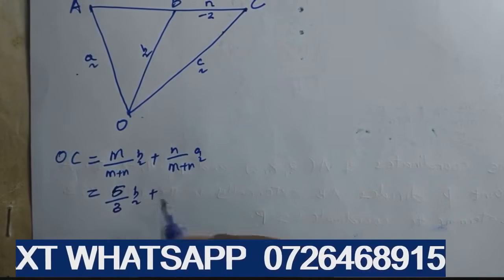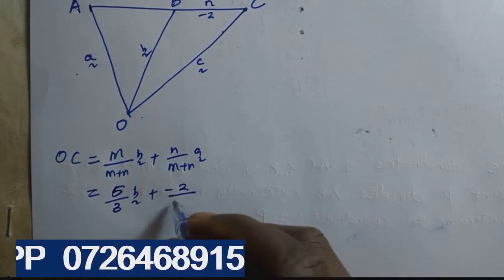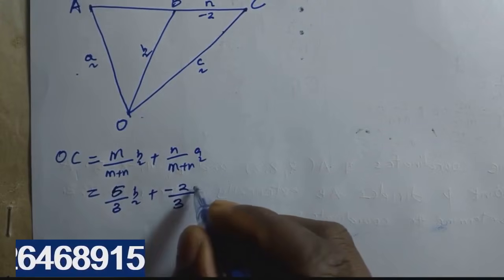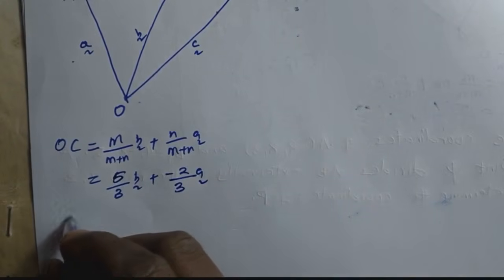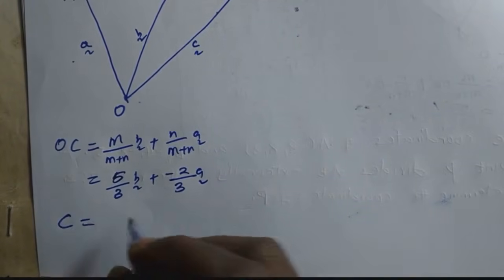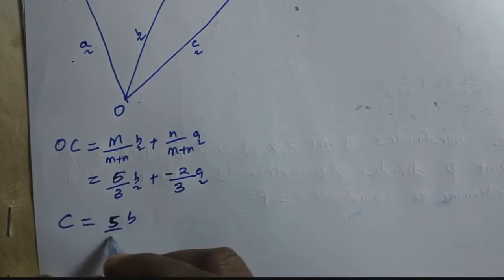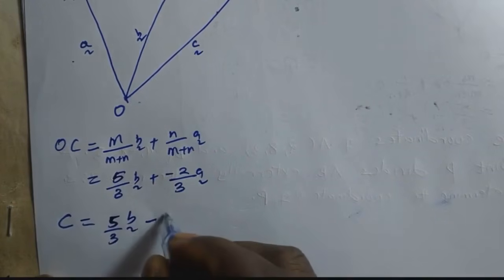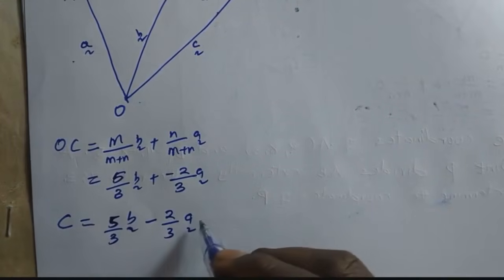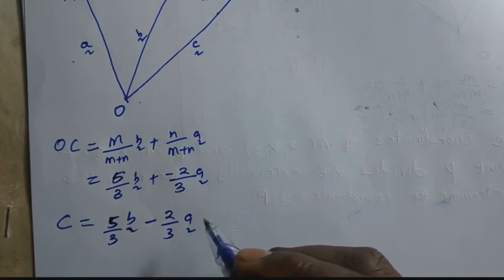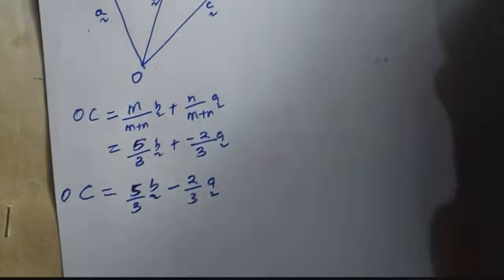B plus minus 2 over 3 A. So OC is equal to 5B over 3 minus 2 over 3 A. So this is the position vector of C, OC in terms of A and B.